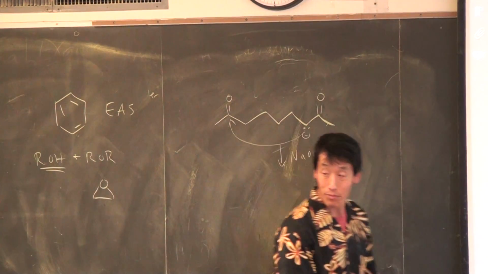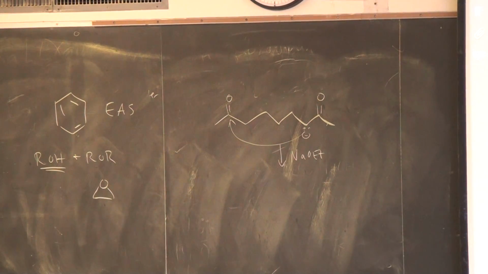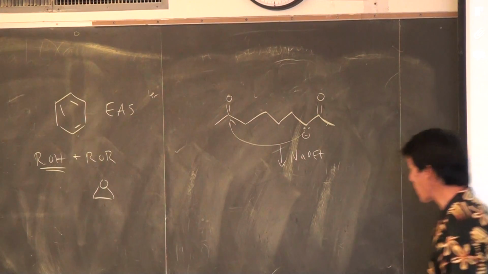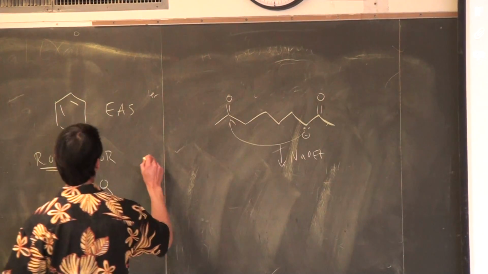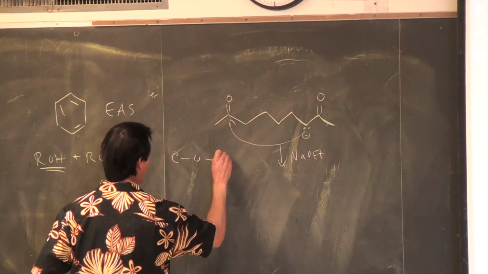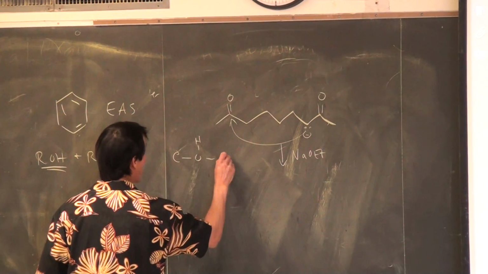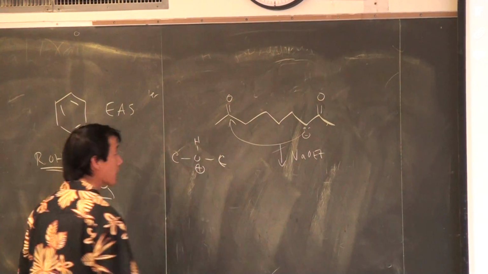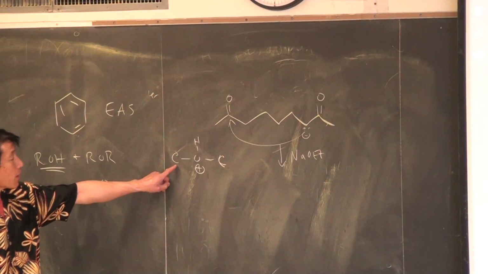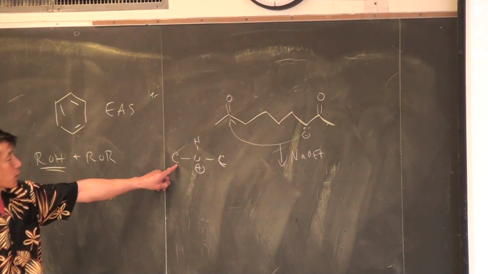Can the ether, whatever that thing is, ROR, become reactive if you protonate it? Yes, because you can do that to make an alcohol. So if you protonate that, now you can react it here in the substitution reaction.